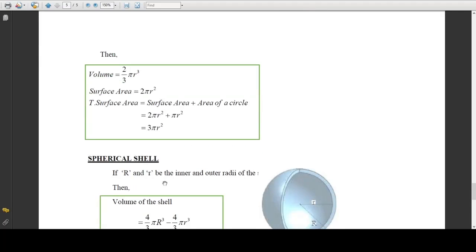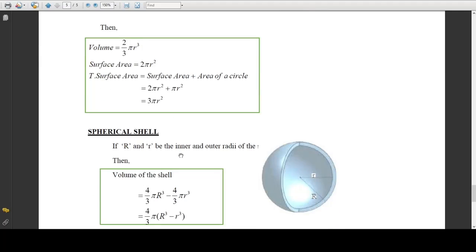Now the shell is the same thing as a hollow cylinder, where the center of the sphere will be hollow, just like the shell of an egg. Here in a spherical shell, there will be two types of radius. One is the outer radius and the other is the inner radius.